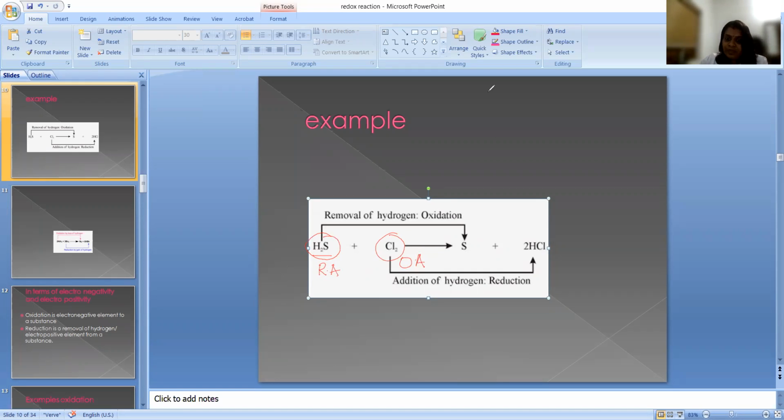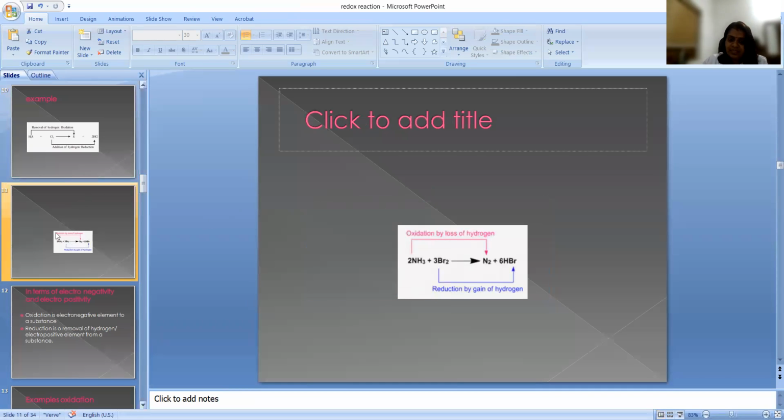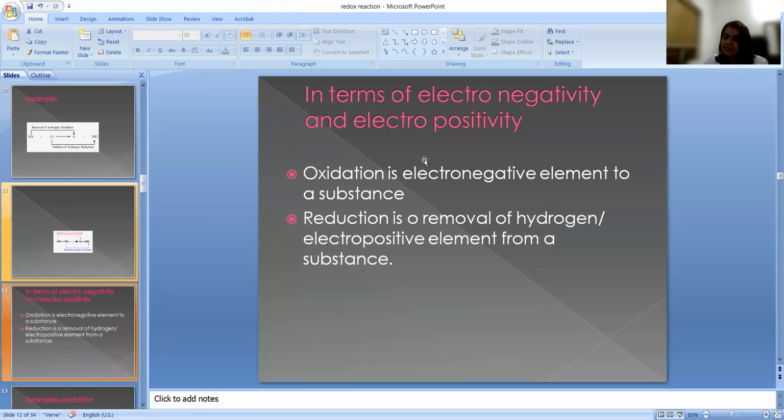Okay. So next, let us see another example that is already discussed. Now let us see in terms of electronegativity and electropositivity, how can we define oxidation and reduction? Oxidation is the addition of an electronegative element to a substance, and reduction is the removal of hydrogen or an electropositive element from a substance.